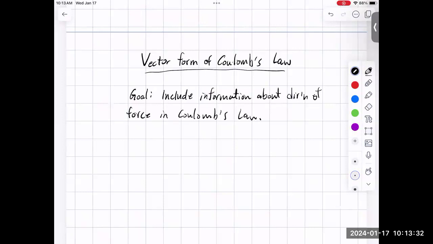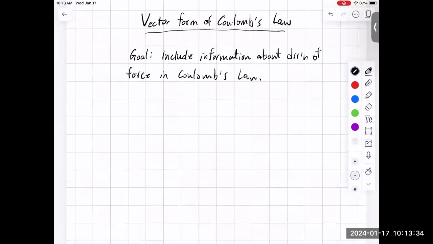All right, so I'm going to draw a picture similar to what we had before. We'll say we have some charge Q1 over here, and then some distance away, we have a second charge Q2. And if I draw some perpendiculars, what we can say is that the distance between these charges is R.